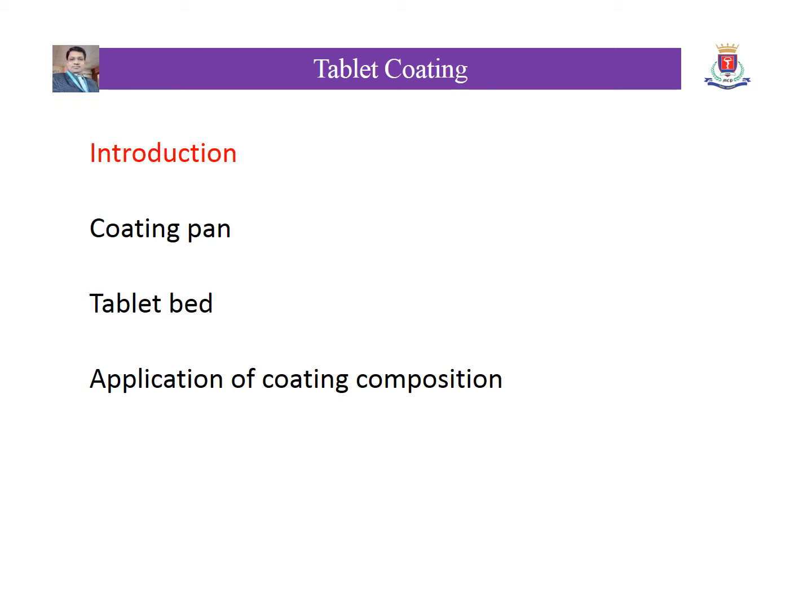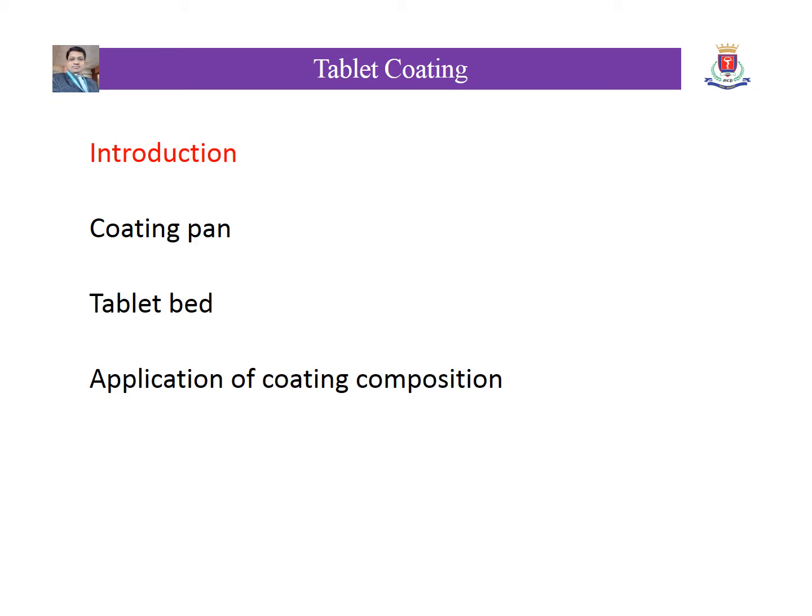Tablet bed is the weight of tablet put into the coating pan for coating purpose. Approximately the weight of tablet equal to the working capacity of the coating pan is put into the coating pan.